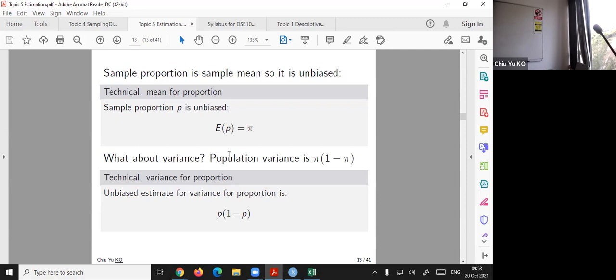But indeed, this is not unbiased. This is a biased estimate, but we will be using this. Although this is biased, there are other reasons why we still use this one.